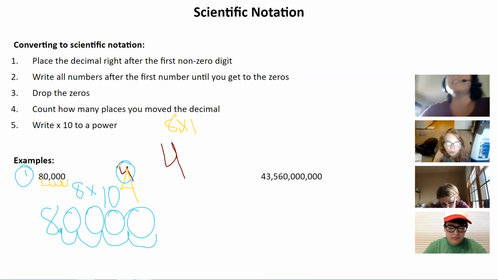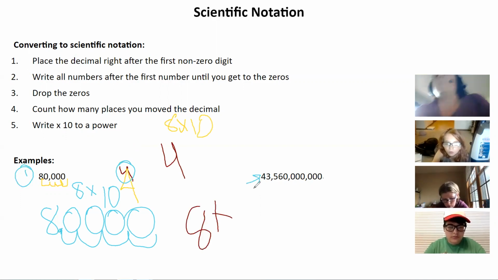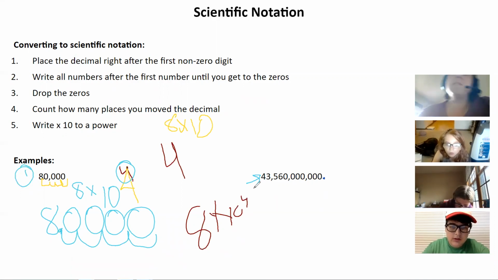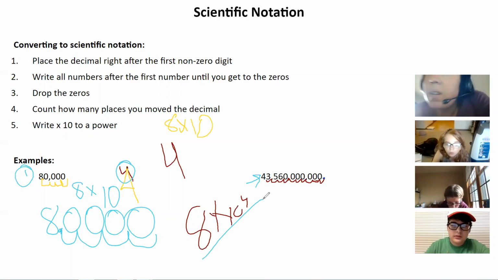Very good. What about this guy here? That's another way of writing it. Very good. What about that one? The decimal's at the end. And we're going to move it how many spaces? Yep, that's right. 8 times 10 to the 4th.